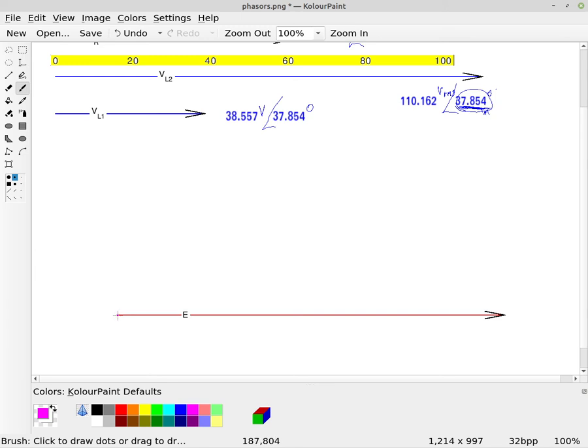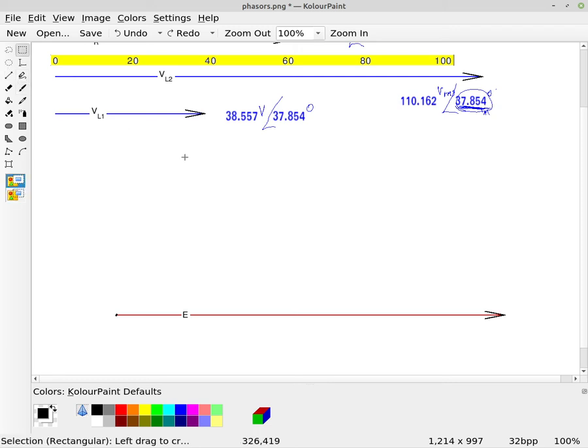Okay, starting right here at this point, I'm going to start adding these other vectors, including their phase angles.